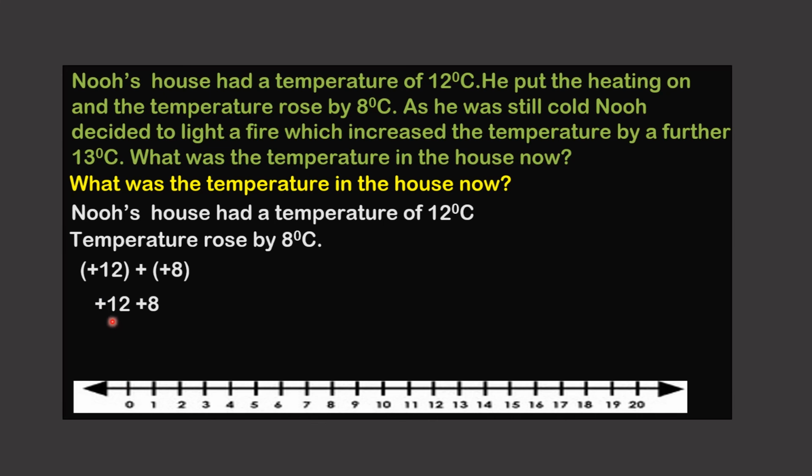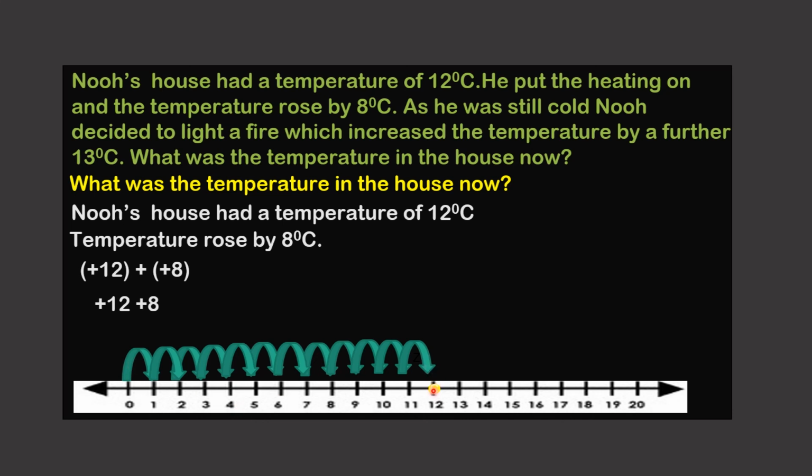How many times will we move? 12 times, okay? So we will be moving 1, 2, 3, 4, 5, 6, 7, 8, 9, 10, 11, 12 times. So now we are here, okay?